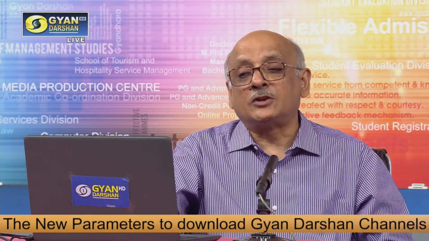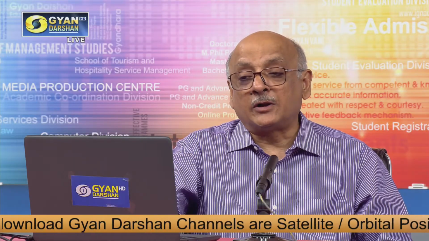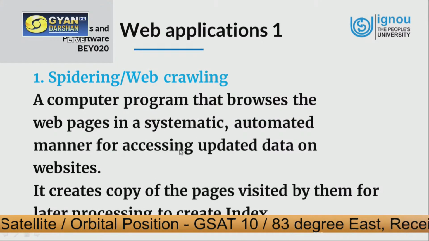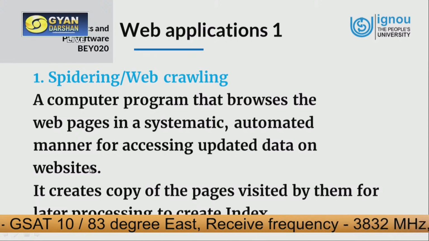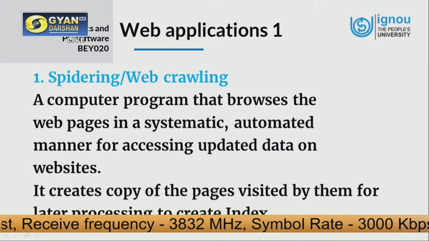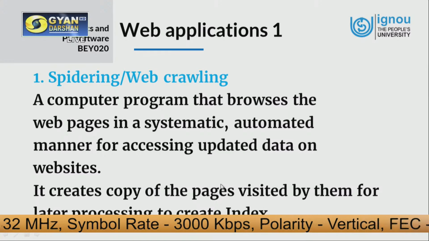So the job of a web crawler is this: a web crawler is a program that browses the web pages in a systematic, automated manner for accessing updated data on websites. All right. So it creates a copy of pages visited by it for later processing to create an index.